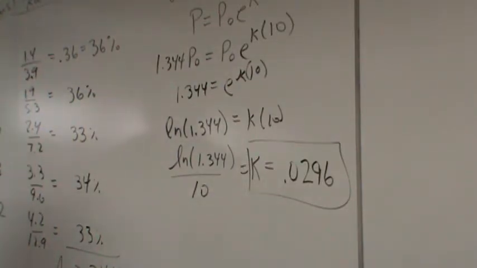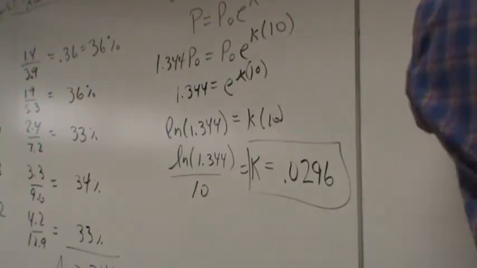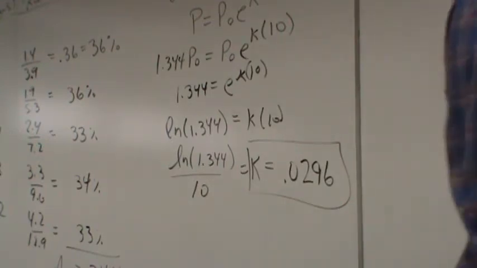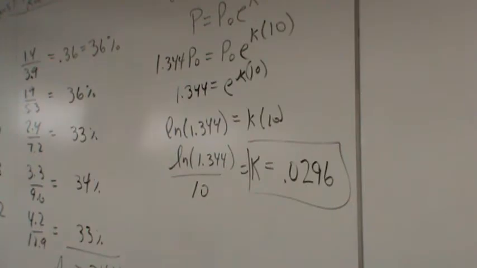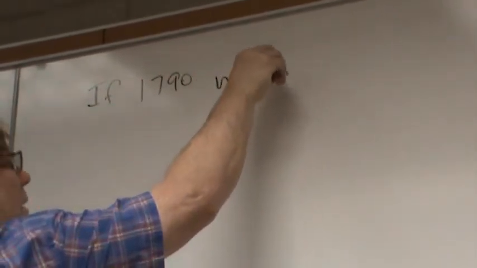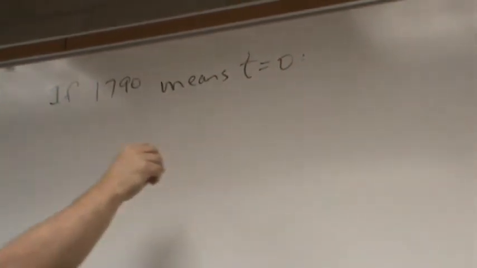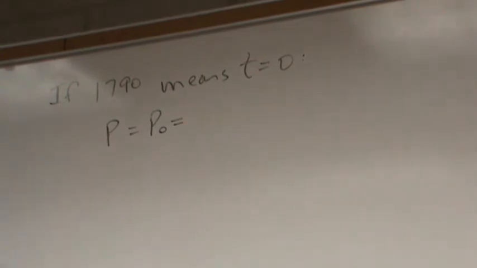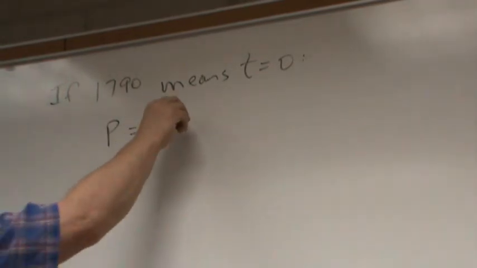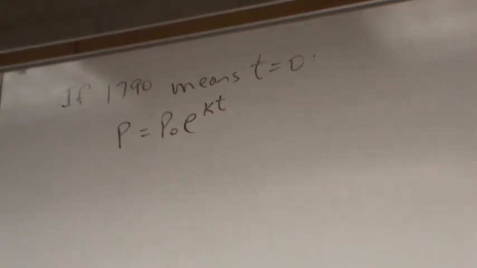So now I have an equation. If the year 1790 means t equals 0, then I have this equation.